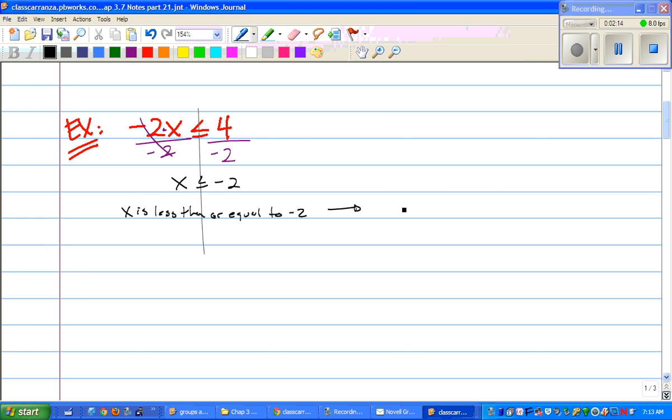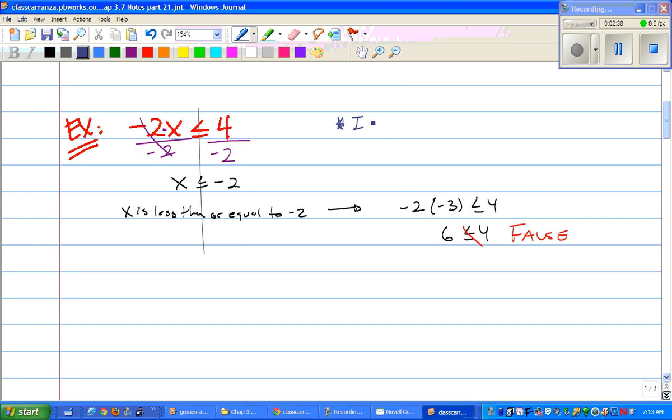Let's pick negative 3. So negative 2 times negative 3 less than or equal to 4. Well, negative 2 times negative 3 gives us positive 6. Is positive 6 less than or equal to 4? That's false.